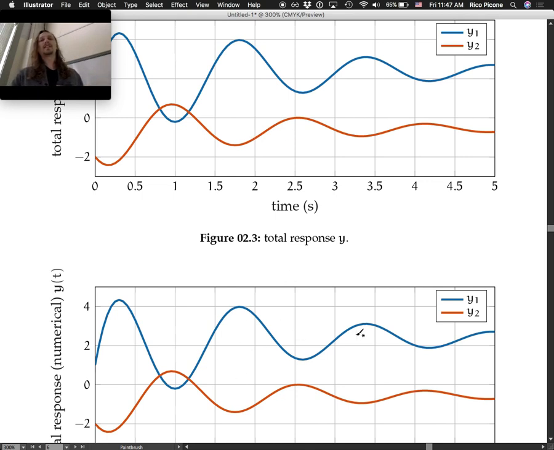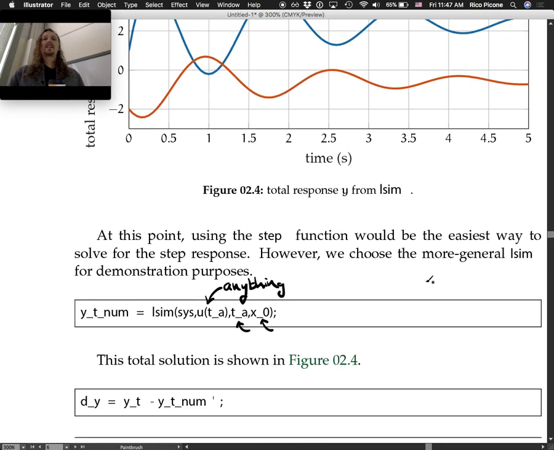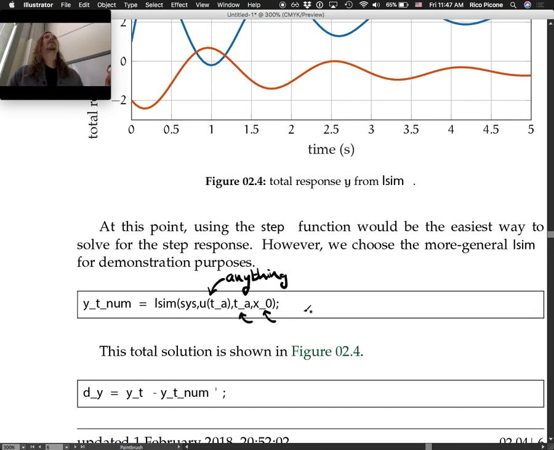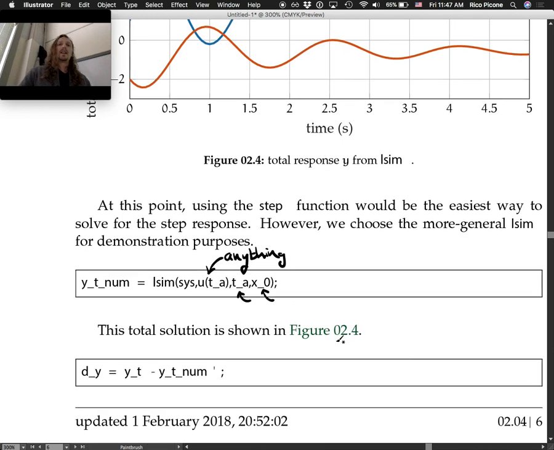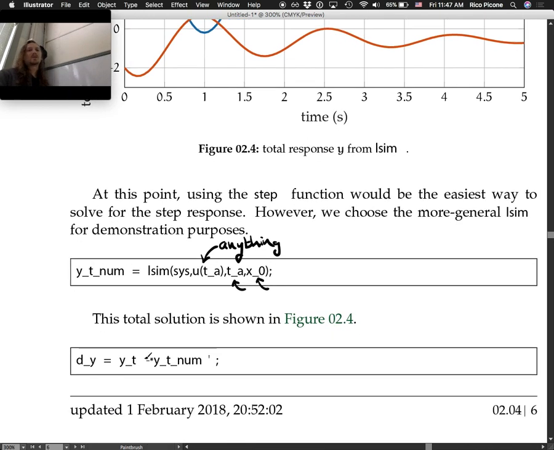And this is MATLAB's built-in simulation routines, which took how many lines? Like 3 lines maybe? Super easy, right? Kind of nice. What I want to see is the difference between our analytic total solution and their numerical one.